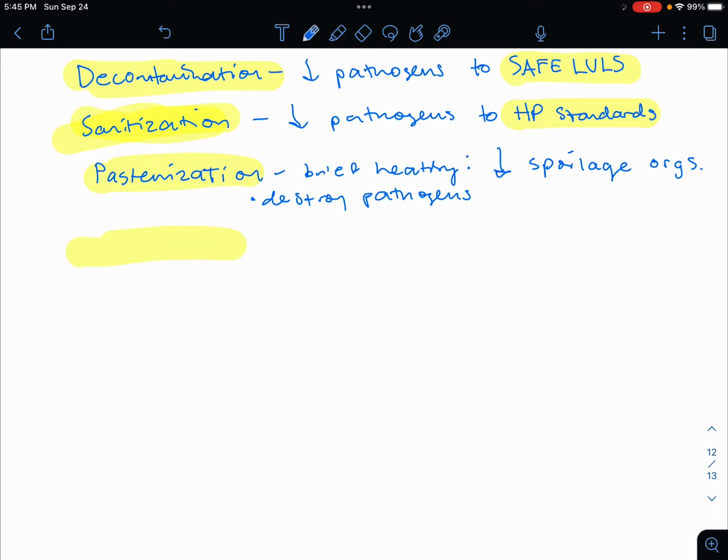Then we have one more term on this specific slide: preservation. This is the delaying of spoilage. We aren't killing anything in preservation, however. We're just delaying or inhibiting the growth of those microbes on perishable products.